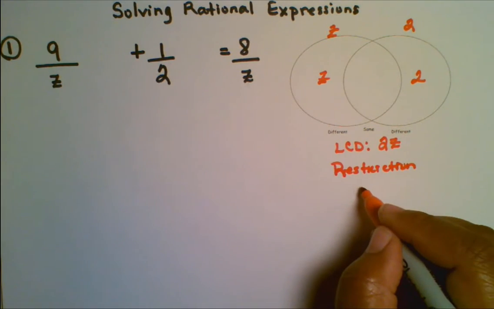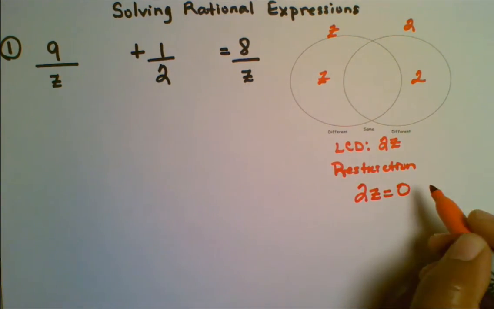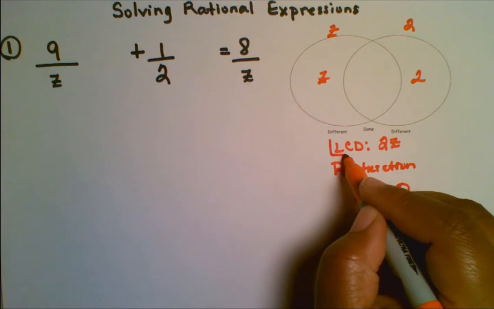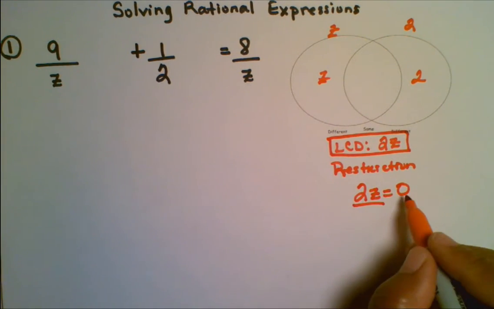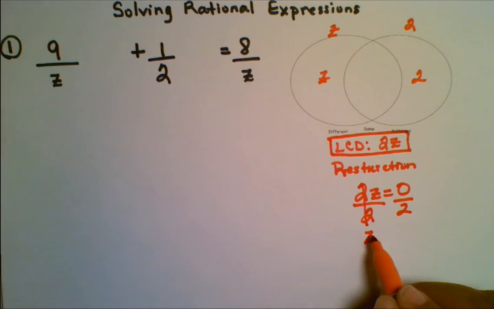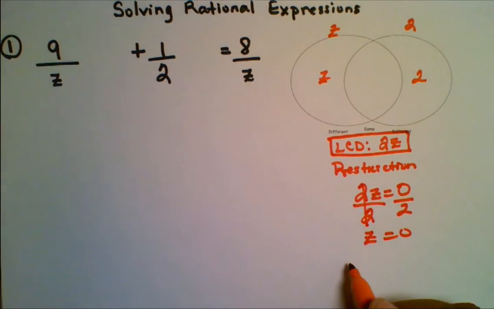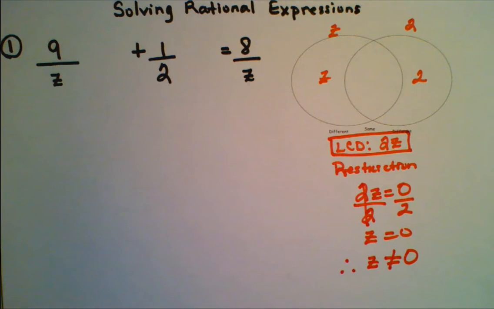So we're going to set the LCD equal to 0 to find this restriction. 2z equals 0. To solve for z, we divide by 2. We have z is equal to 0. Therefore, we can have any other number in that denominator except 0.